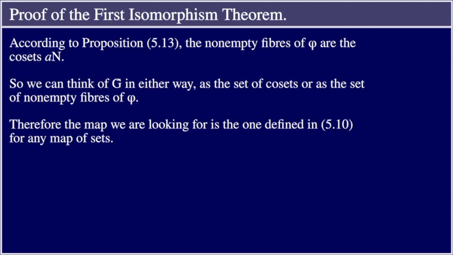Proof of the first isomorphism theorem. According to Proposition 5.13, the non-empty fibers of φ are the cosets aN. So we can think of Ḡ in either way, as the set of cosets or as the set of non-empty fibers of φ. Therefore, the map we are looking for is the one defined in 5.10 for any map of sets.